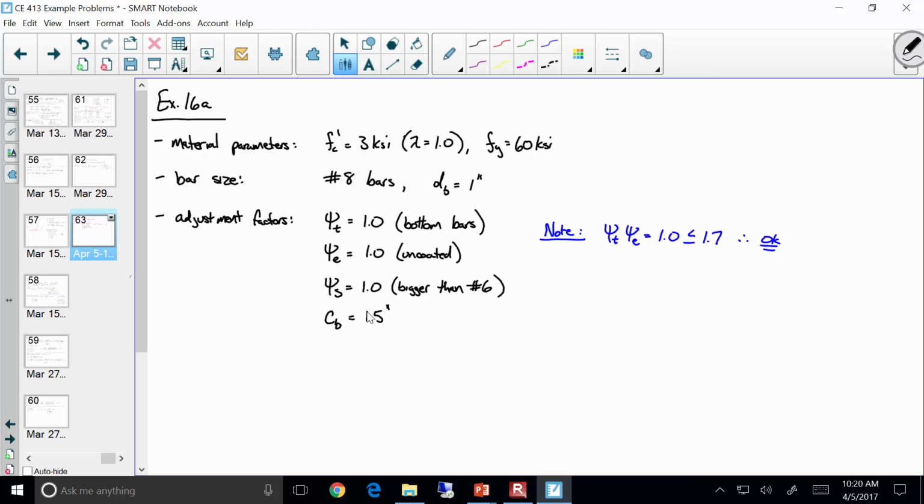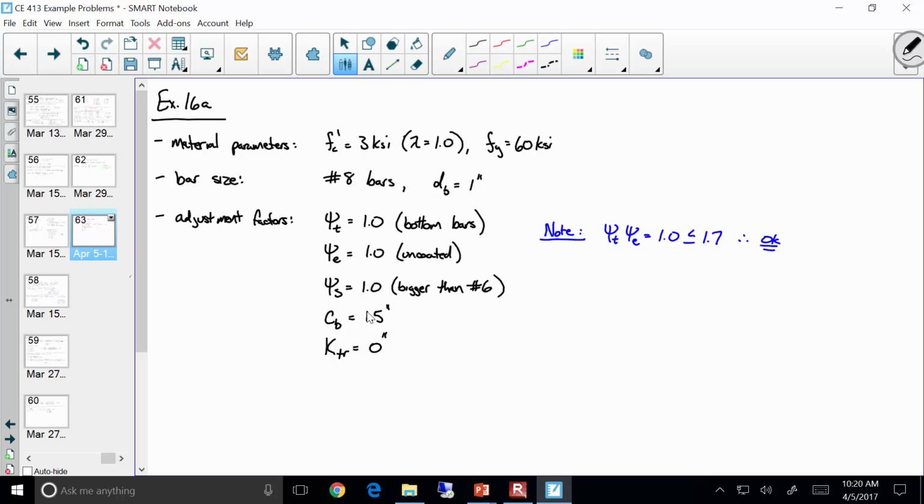Okay. Now, K sub tr for now is 0. Now, K sub tr actually is units of inches, so we're going to say that's 0 inches. We're going to deal with K sub tr being 0 now, then we're going to change it later. Okay? Sound good?